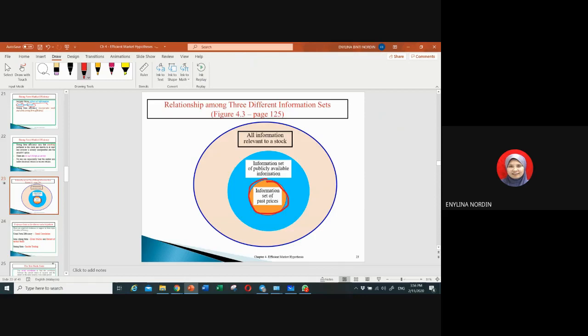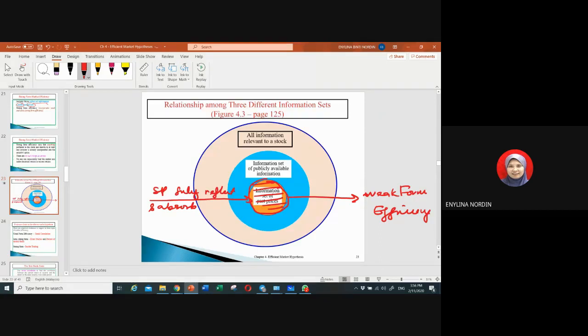That means if the stock's price fully reflects and absorbs this information in past stock prices, then our market is efficient, but only in the weak form efficiency. That means very minimal weak form efficiency. The market is efficient but very minimal.